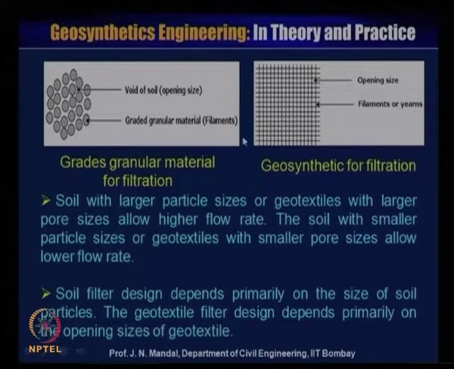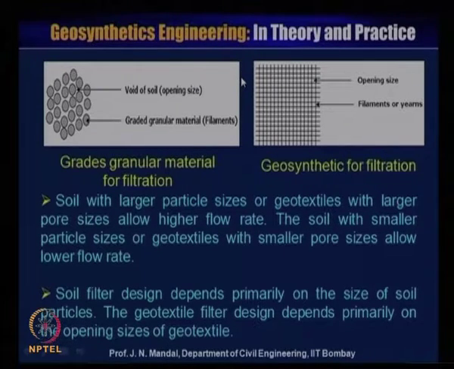This is an open geotextile material, and it has an opening size, or apparent opening size, and this also has the filament. So the filament is like the graded granular material, and the void ratio of the soil, or opening size, is like the opening size of the geotextile material.